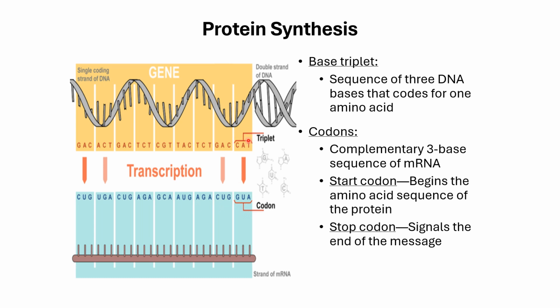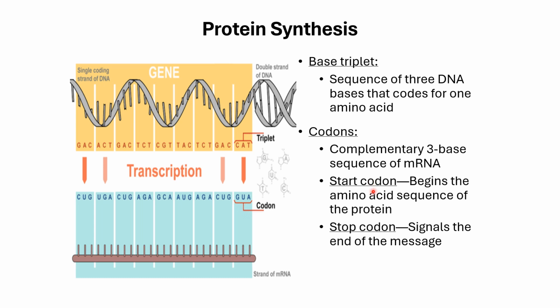So the DNA guides or decides the structure of the RNA, and this is called the messenger RNA. When a codon starts coding, that means it has come across what is known as a start codon.